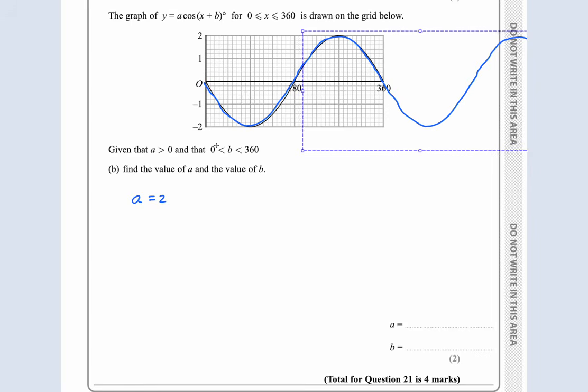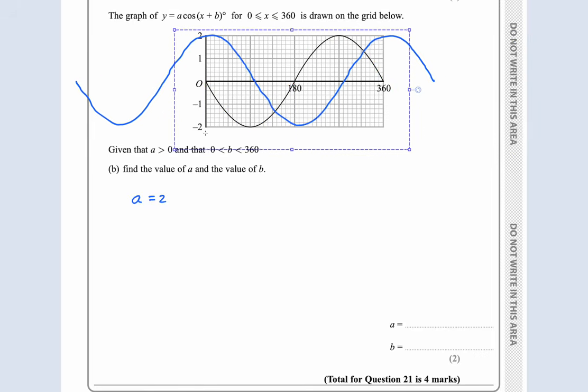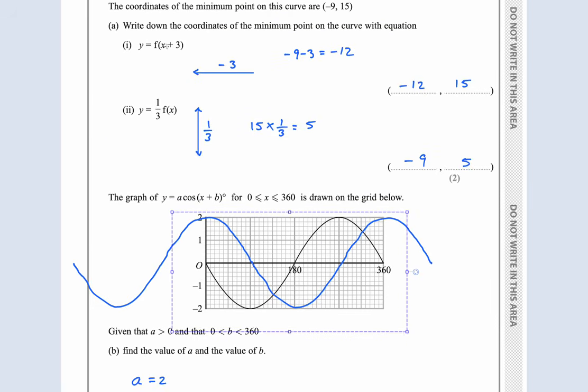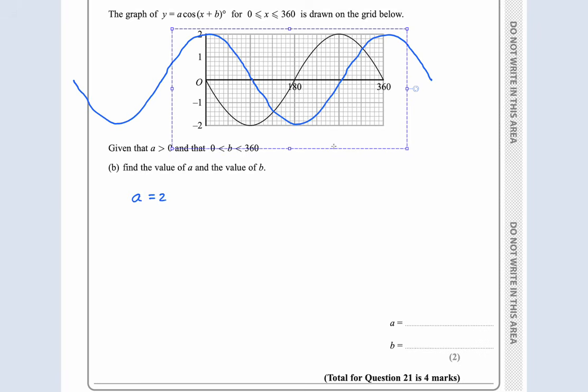But it says b has to be between 0 and 360. Now what that means is, because it's between 0 and 360, that means I'm moving it left. Because if you remember from this question here, an f of x plus 3 means we move the graph left 3. Here, f of x plus b, where b is positive, means we're moving it left.